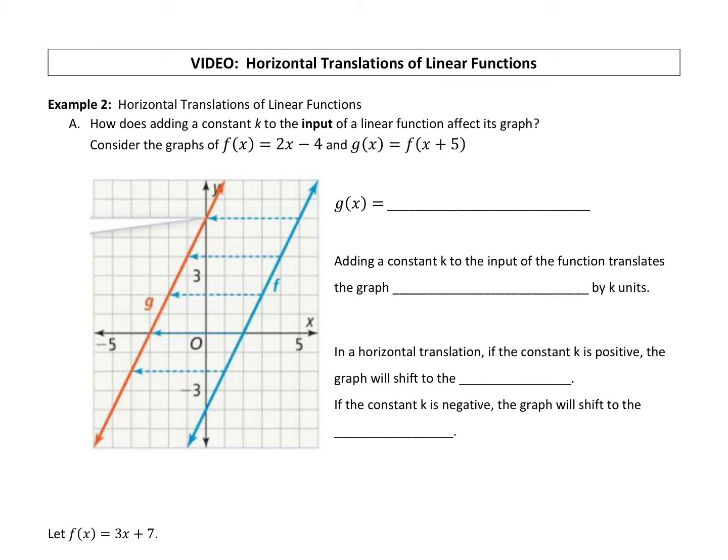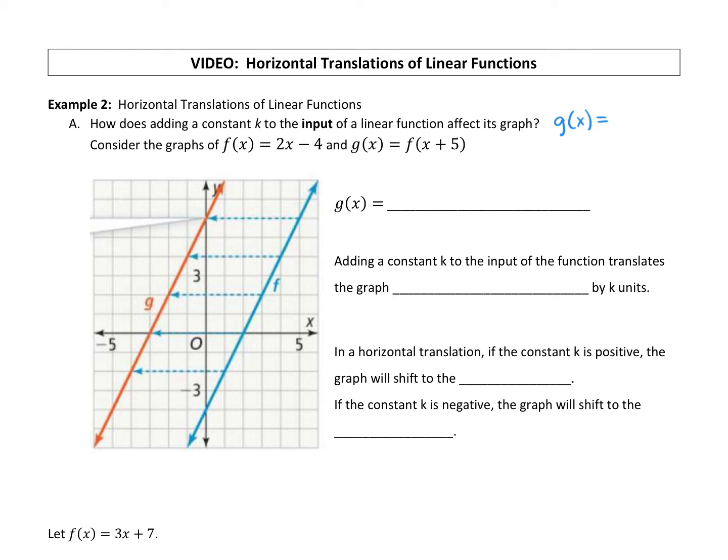We can go ahead and figure out what our new g of x function will be. Maybe off on the side, we can do that work. So g of x, and then we'll put a simplified equation right here on our line. So g of x is equal to our f function, but it's not f of x, it's f of x plus 5.